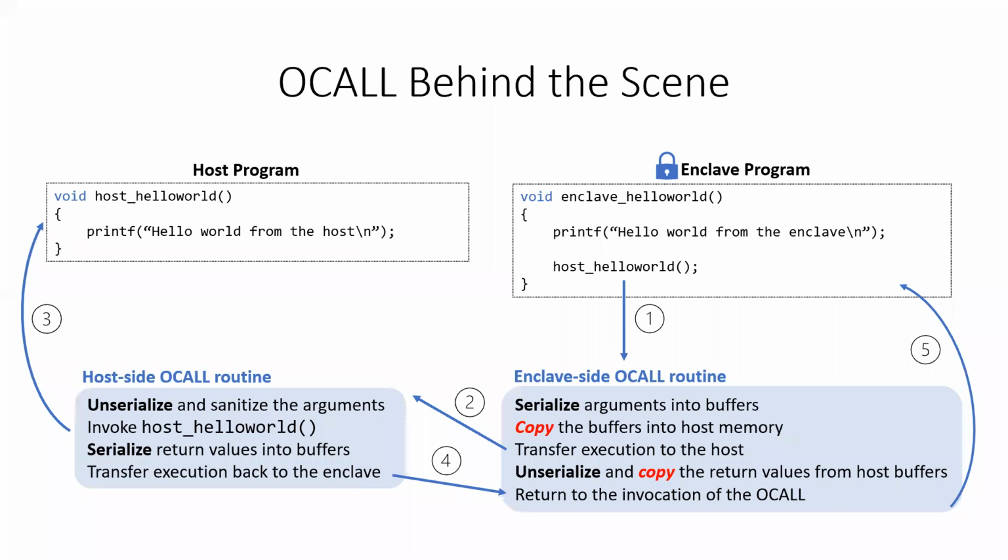Again, the enclave will do the memory copy. The enclave copies the buffer into the host memory, and then at this point transfers the execution back to the host. And the host will do similar things to get the arguments passed by the enclave, and then if there is any return value, it will use a similar way to transfer back to the enclave.